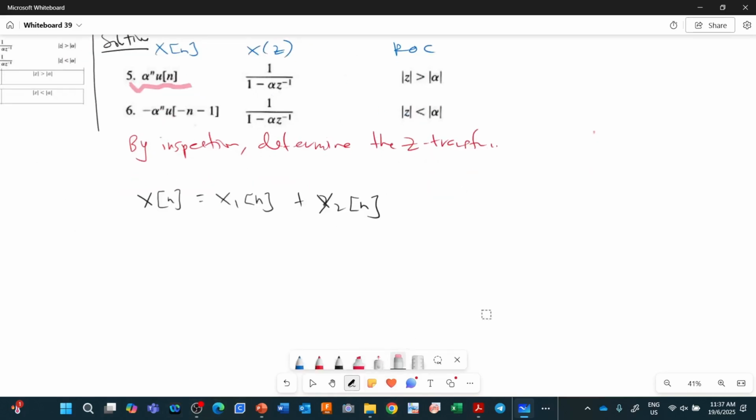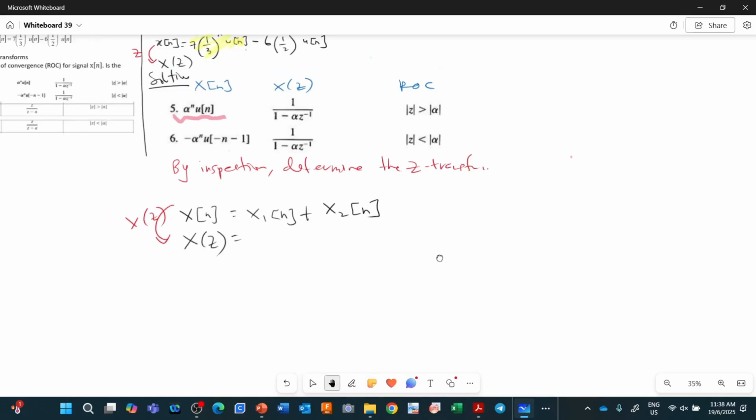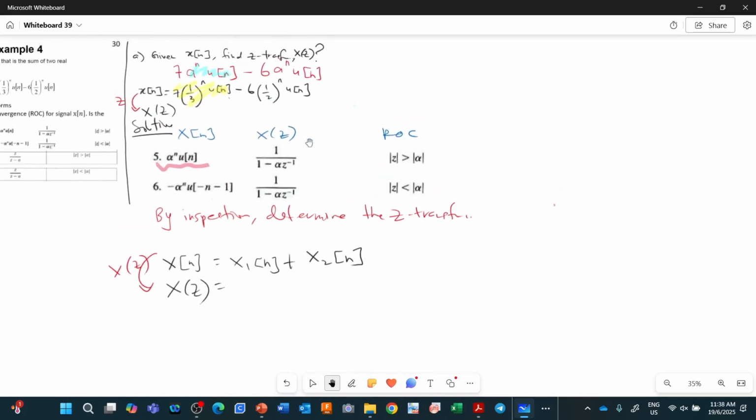Sorry, my handwriting, you don't erase it. Okay, so when you compare, you can write this because you want to convert it into the Z transform. So X(z), by comparing, you can write it as what?